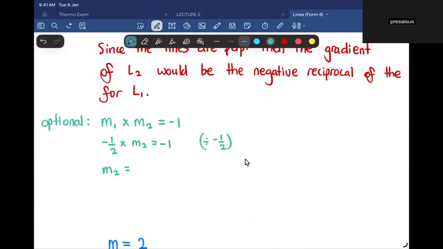Flip the fraction. So dividing by negative a half is the same thing as multiplying by negative what?